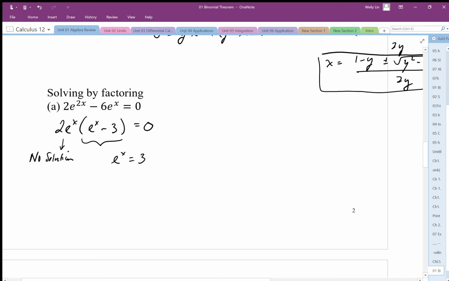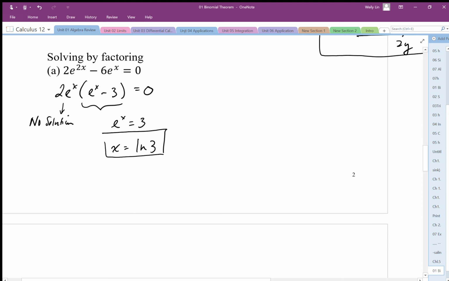If e to the x equals 3, then x is equal to log 3. Okay, so there's my solution to that equation. I can figure that out by separating these parts out by factoring and treating each individual factor as its own equation. I can make this equal to 0, this equal to 0, and solve those two equations independently of each other.